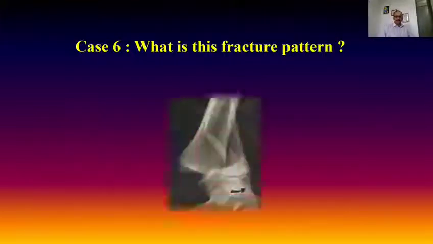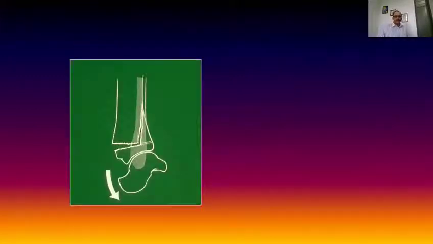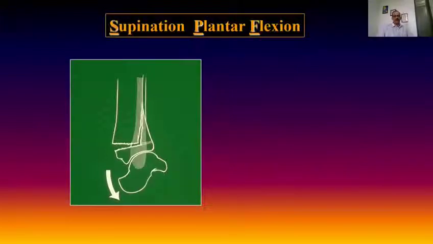Moving on from that, what is the fracture pattern in this fracture? You can see here that the distal part of the physis has gone in plantar flexion and the shaft of the tibia has translated anteriorly. So again, this is a special fracture which is called supination plantar flexion.